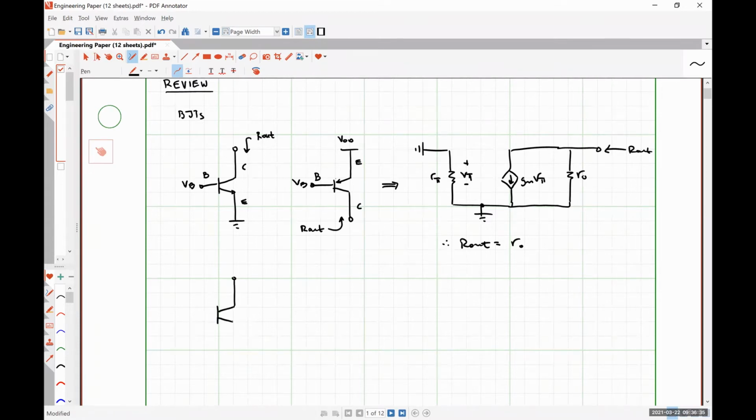So for our diode connected BJT, the collector and the base are at the same potential. Our emitter is at ground. We'll observe the same basic thing for our PNP. Our emitter is at VDD.